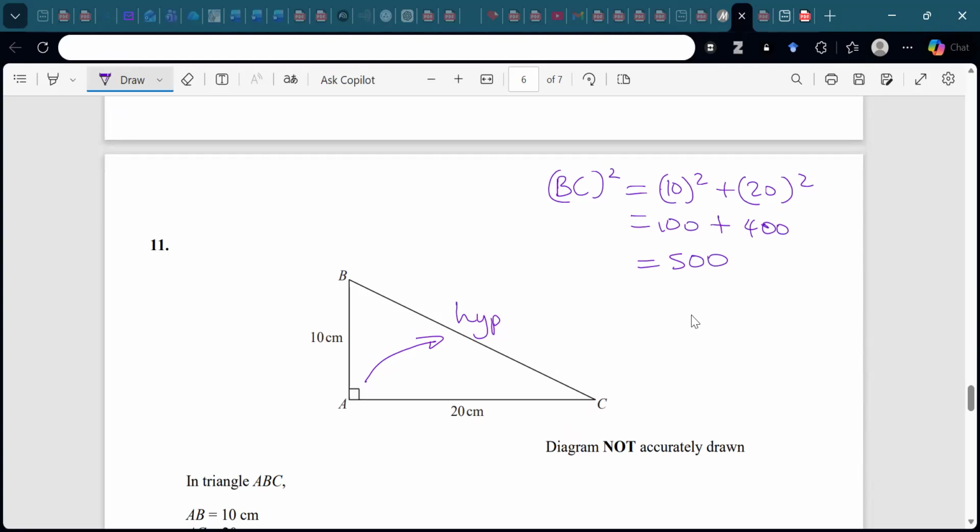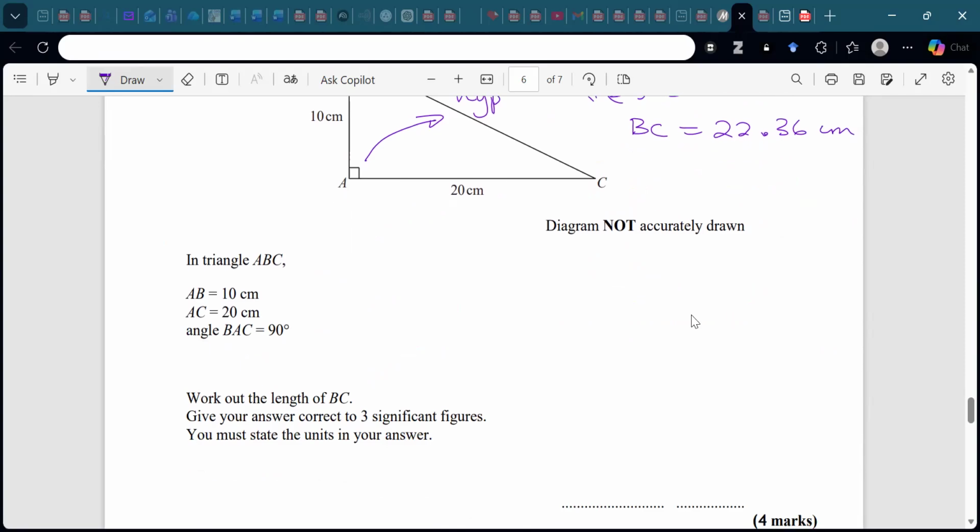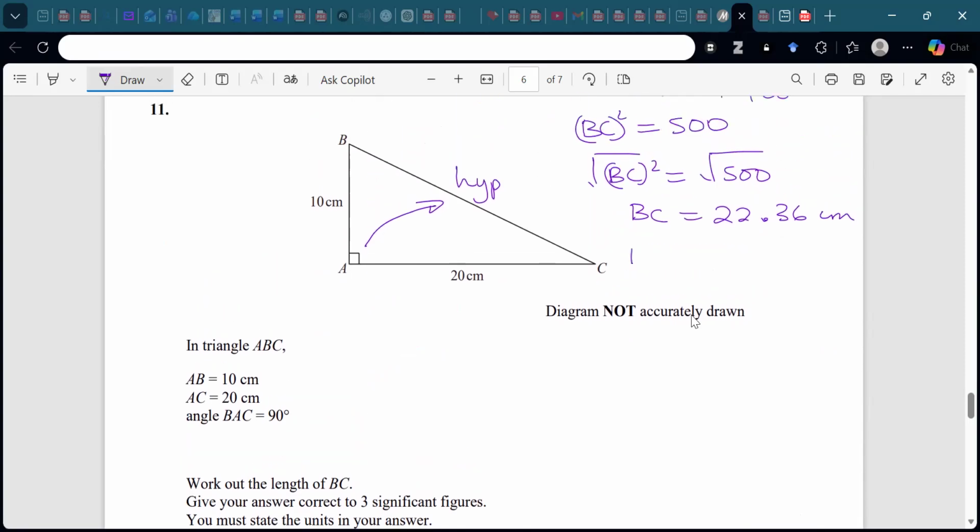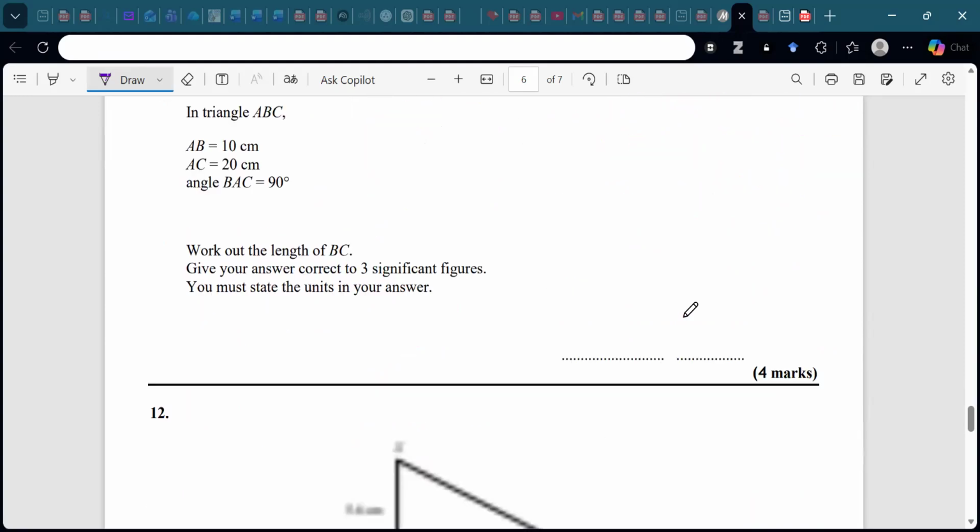And find the square root of both sides. So the square root of BC squared, square root of 500. So BC is equal to 22.36 centimeters. Three significant figures. So that means BC is approximately equal to 22.4 centimeters. This is to two decimal places. This is to three significant figures.